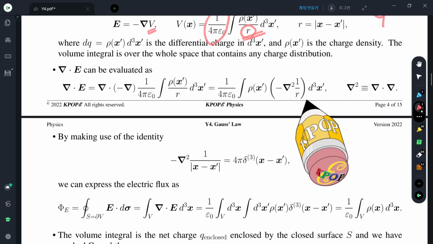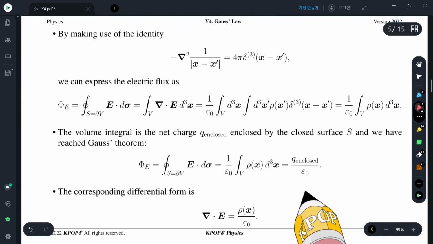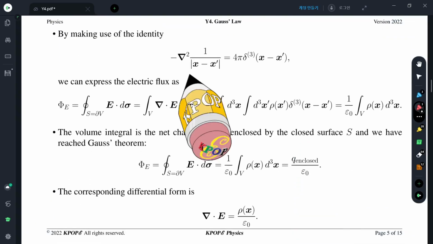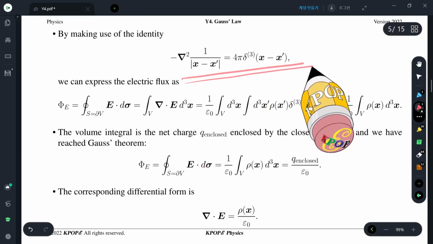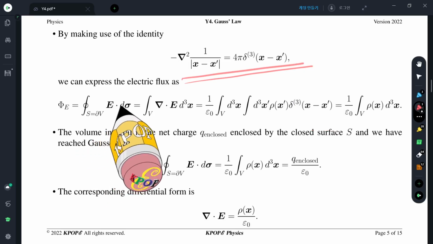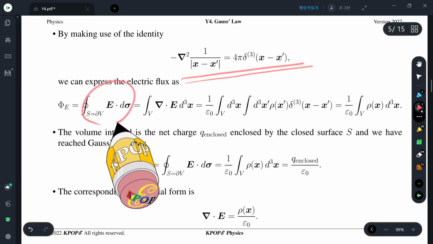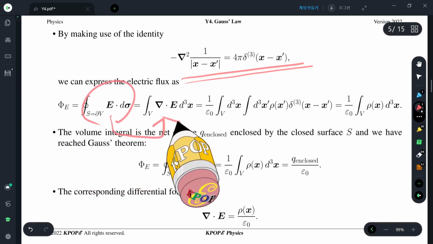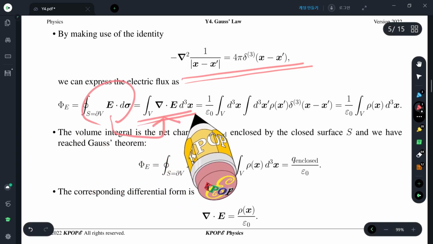Just forget about the detail, but follow the result. There is an identity. This is a Dirac delta function, and the electric field flux, by definition, is this, and then using the divergence theorem, we find this.